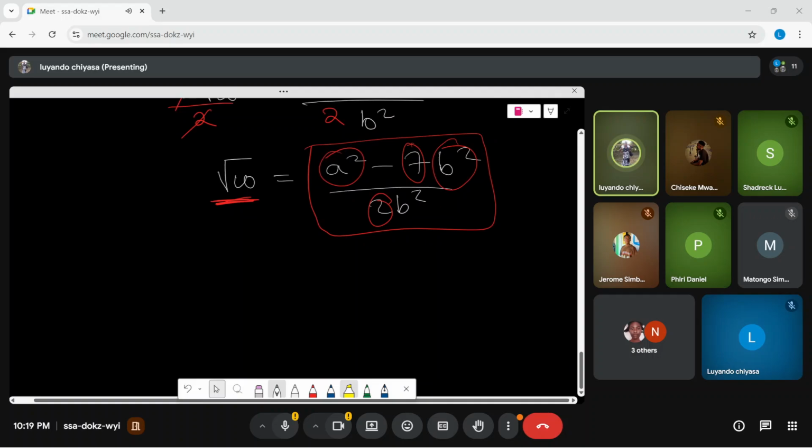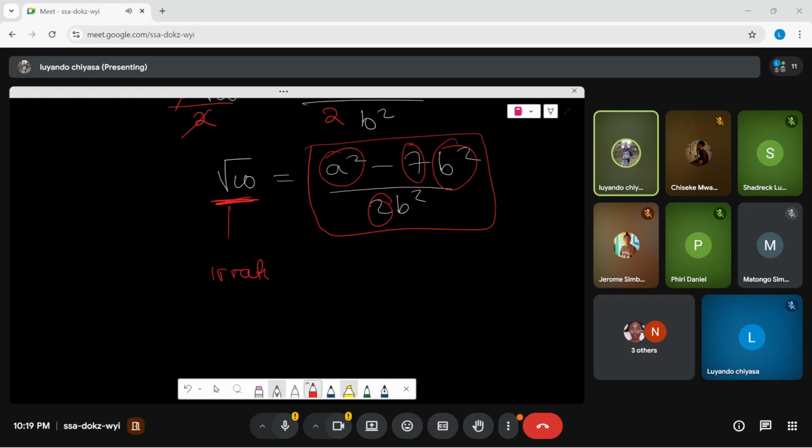So we can't have an irrational number being equal to a rational number. Since this side is rational and this other side is irrational, this is a contradiction. You can't have an irrational number being equal to a what? To a rational number.